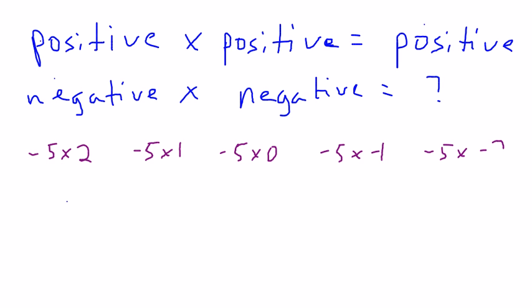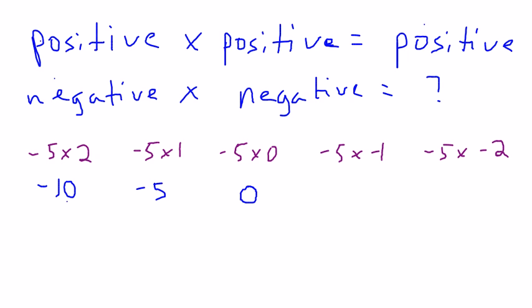Okay, let's work from right to left. What is negative 5 times positive 2? Well, we know a negative times a positive is a negative, so the answer would be negative 10. Negative 5 times positive 1 would be negative 5. Negative 5 times 0 is 0, right? Because anything times 0 is 0, regardless of the sign of the other number.